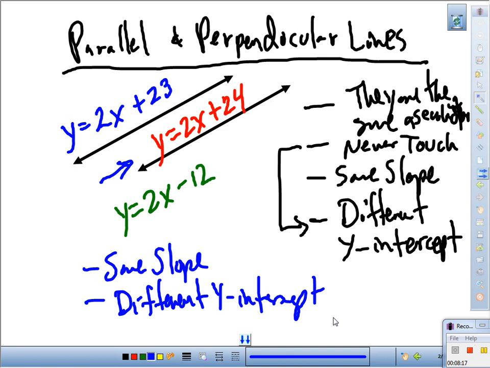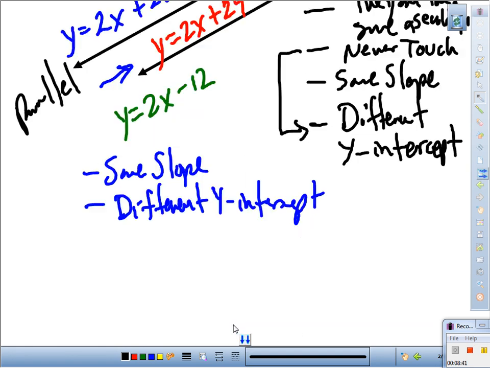All right. Let's move on to perpendicular. So those were, let's label this parallel. And if you notice in the word parallel, there's two parallel lines. You guys know? Or three with that last one.